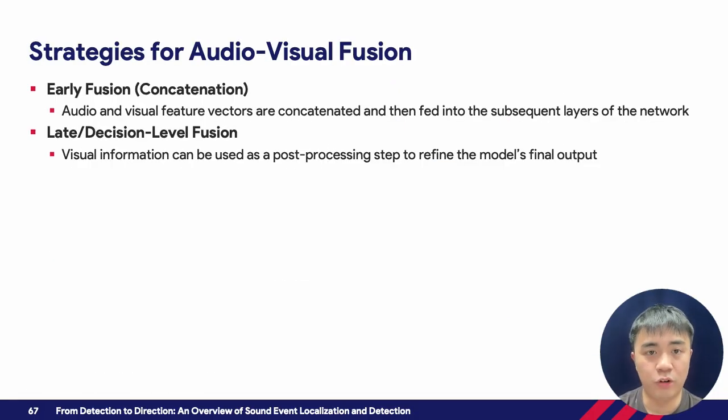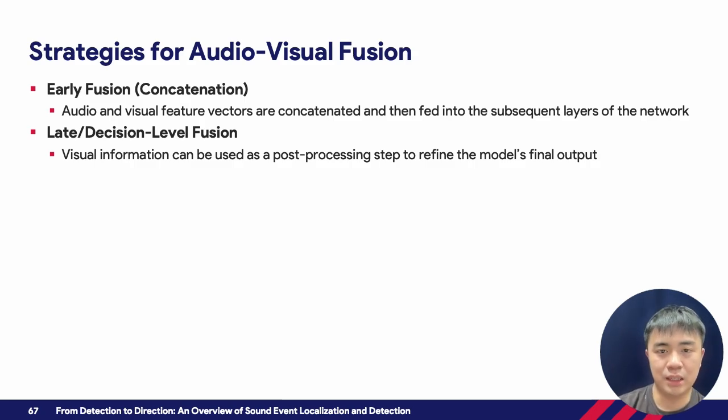So once you have both your audio and visual feature streams, you need to fuse them. There are several strategies here, the simplest of which is early fusion, where you literally just concatenate the feature vectors together and let the network figure it out. A second method is late fusion, where the visual information might be used as a post-processing step to refine the model's final output.